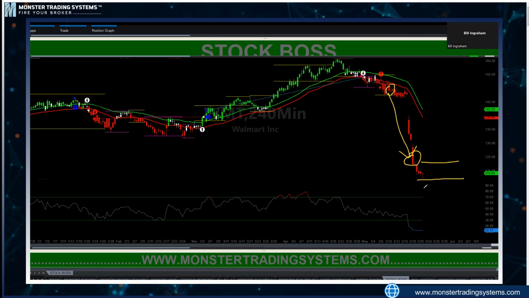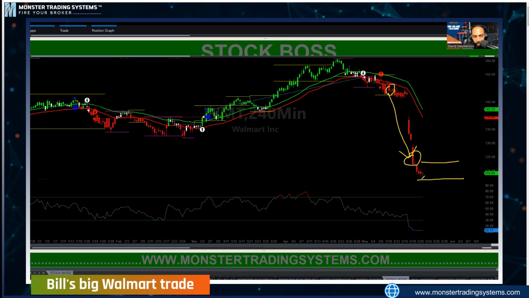No, it looks like it's still in a markdown phase. Price is still dropping. Once we get a new support and resistance as the price falls, what does that tell us?